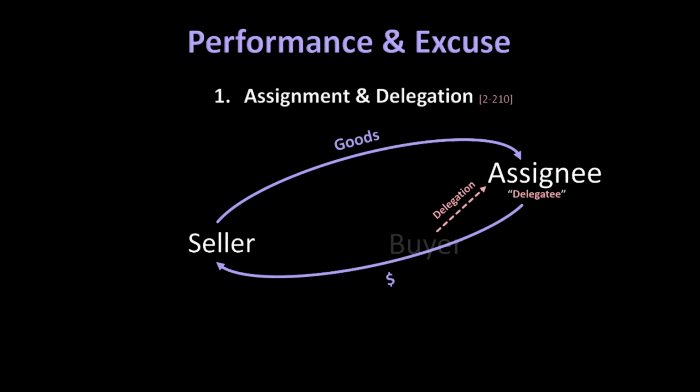In that case, the delegator may have a separate claim against the delegatee. So, for example, in this diagram, where the buyer has delegated its duties under the contract with the seller to a delegatee, if the delegatee fails to perform, that is, fails to pay the seller for the goods in accordance with the original contract, the seller may bring a claim against either the buyer or its delegatee.